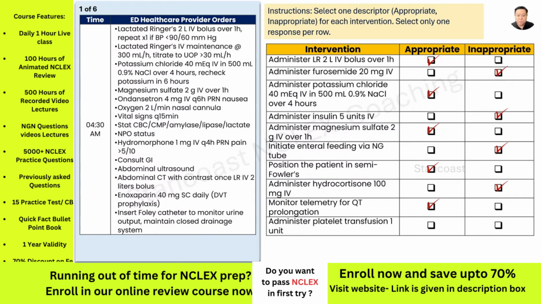And I want you to recall that the QTc is actually a measure on the ECG that reflects how long it takes the ventricles to depolarize and repolarize. So this is basically measuring the contraction and the reset.